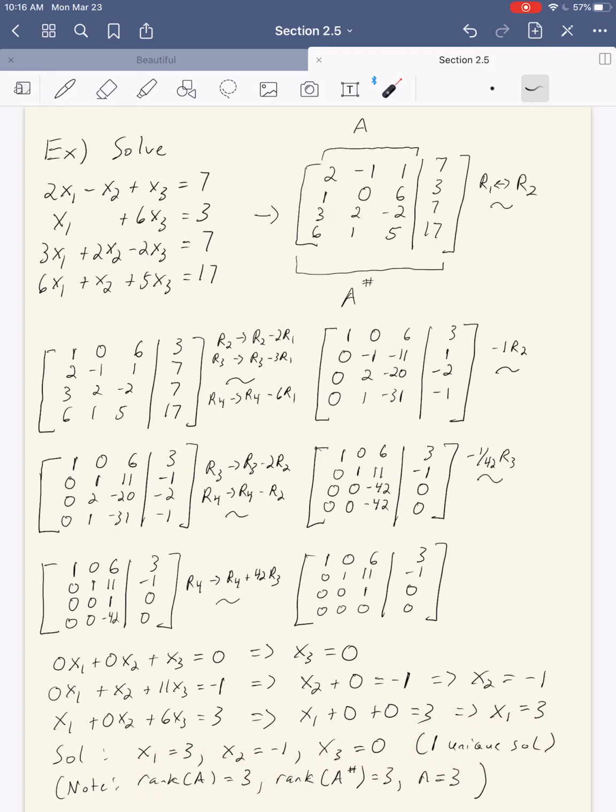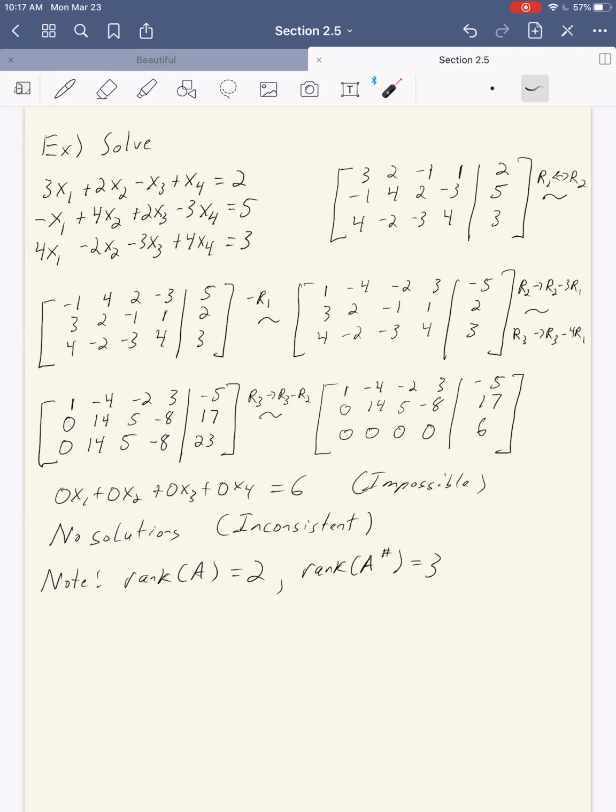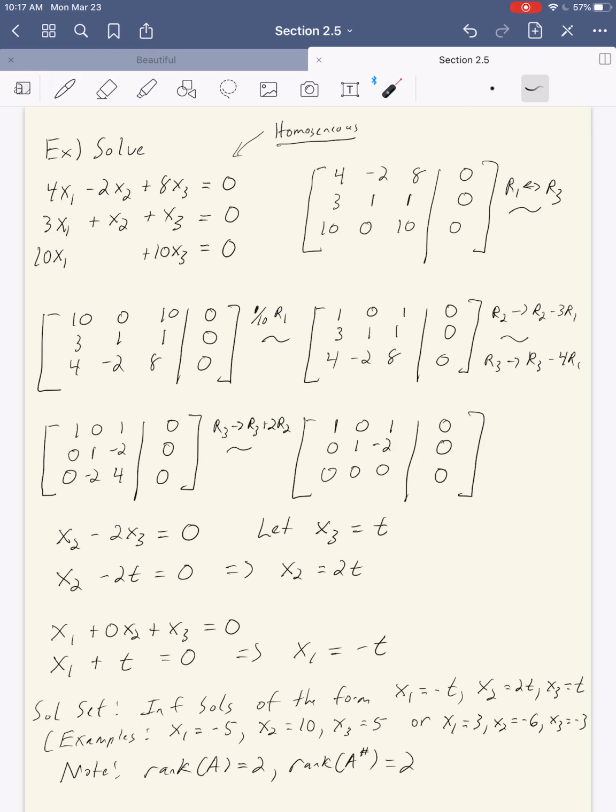So that hints that if the rank and the rank of the augmented matrix are the same, you have a solution. The difference, though, in our example, is that the rank here is 2, the rank here is 2, but the number of variables, n, was 3. So while these two were equal, they did not match the number of variables. But how off were they?